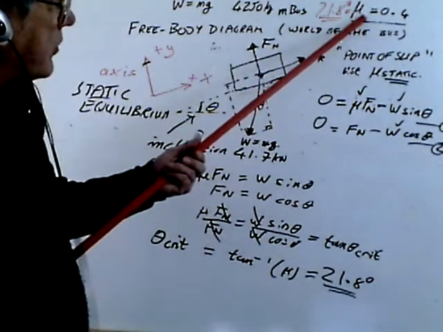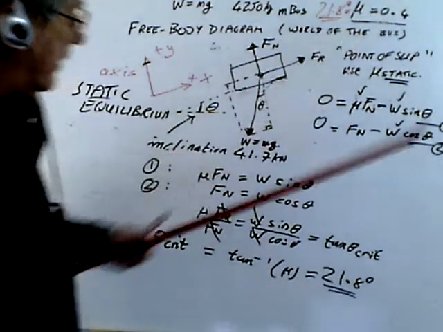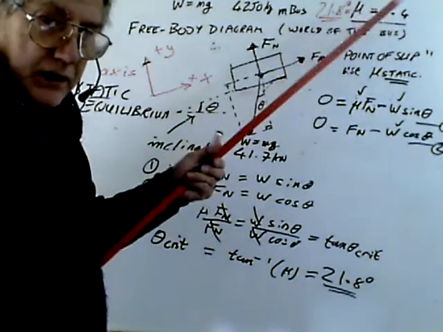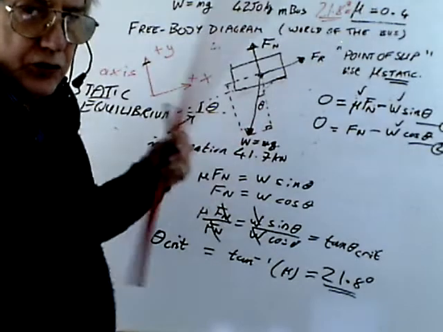The only thing that determines this angle is the coefficient of friction between the bus wheels and the road.